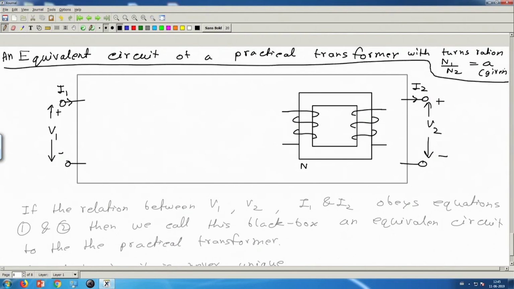So I will take an ideal transformer N1, N2, and N1 by N2 is equal to A, the nominal or given turns ratio of the practical transformer.